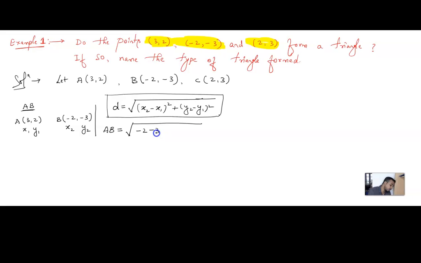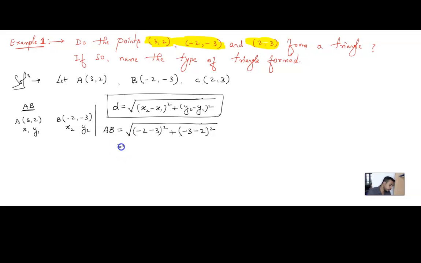Plus 3, I am writing 3 as it is, whole square, plus, what is y2? That is minus 3, minus, what is y1? That is plus 2, whole square. Is it correct? No, it is wrong. Why? Because this square root should come till here. All these terms are under this square root. So you should be careful to write the complete square root.